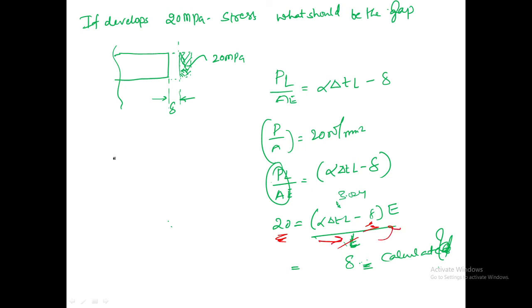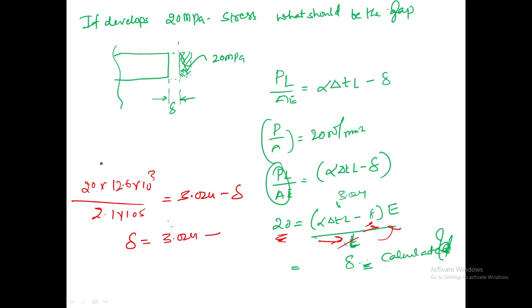So 20 into 12.6 into 10 to the power of 3 divided by 2.1 into 10 to the power of 5 equals 3.024 minus delta. Now calculate delta. This is 3.024 minus this entire value here.